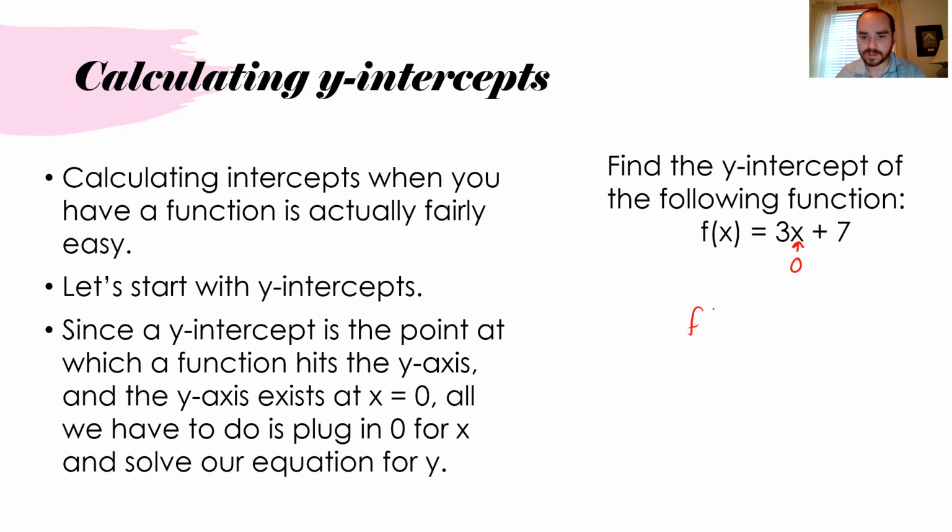So we'd say f of 0 equals 3 times 0 plus 7. 3 times 0 is 0, which means that we have 0 plus 7 equals f of 0, and that equals 7. So f of 0 equals 7.